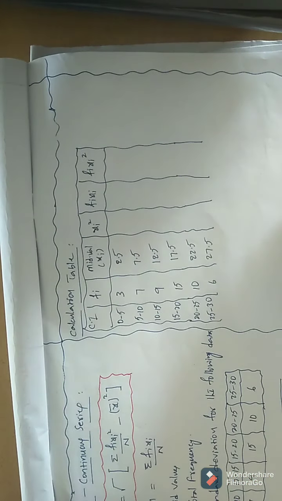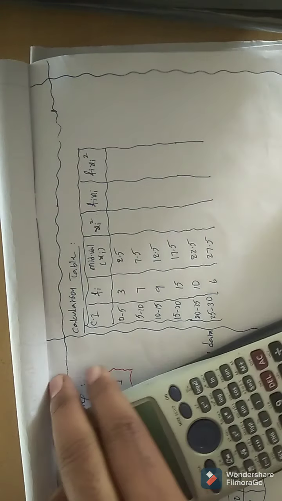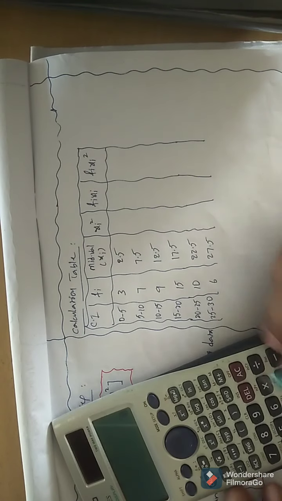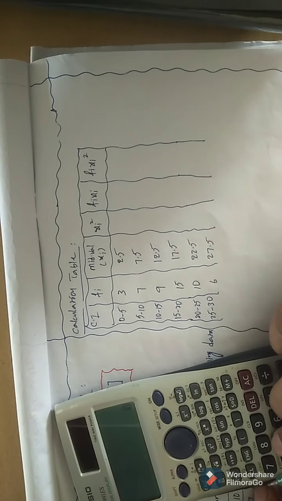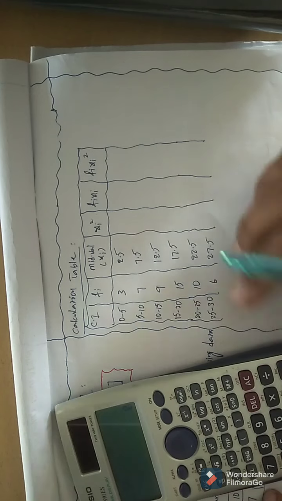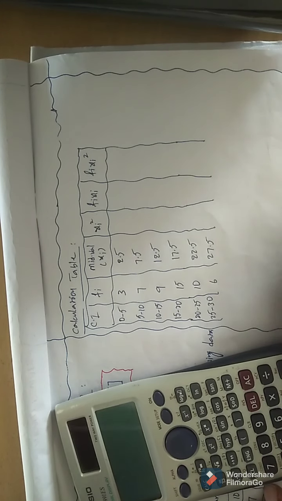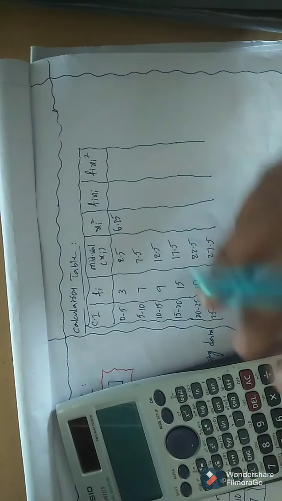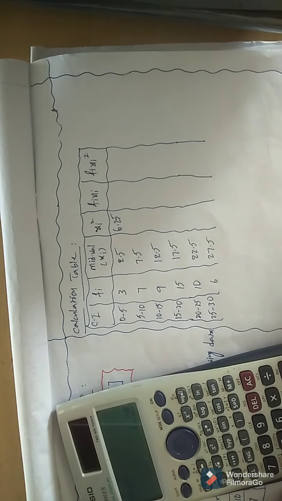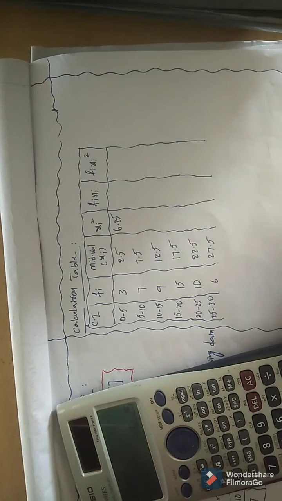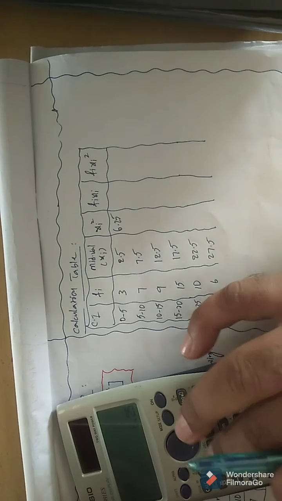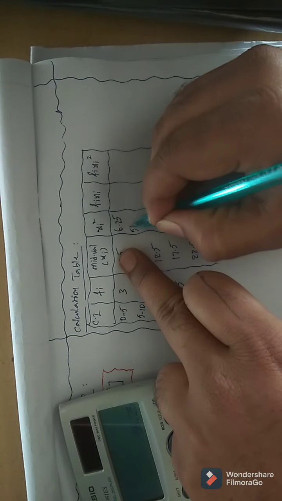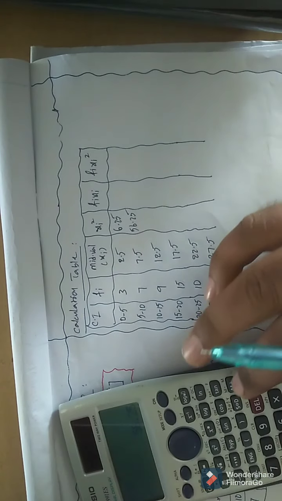Okay. Now you go for calculation of squares. So what is that? 2.5 square, because squares you required, that is equal to 6.25. Now next, 7.5 square, that is equal to 56.25.